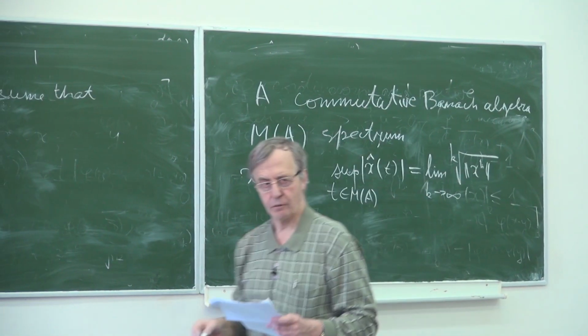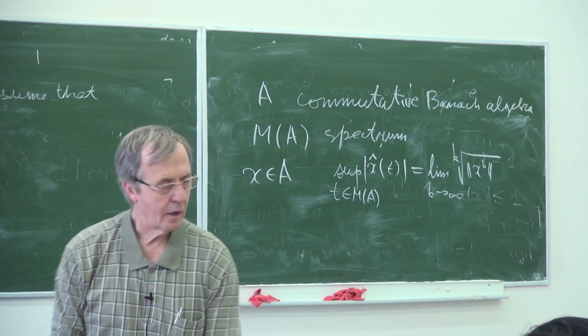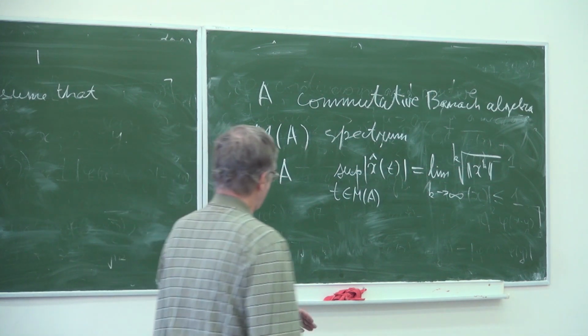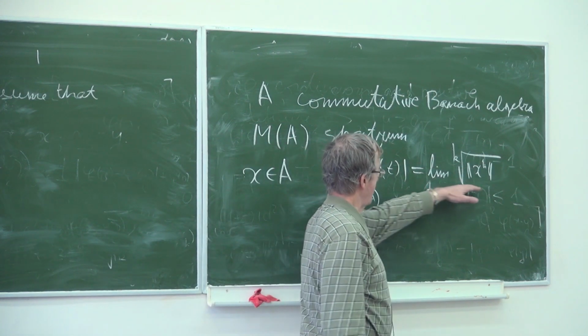This is called the spectral radius of the element x. So the spectral norm is equal to the spectral radius.